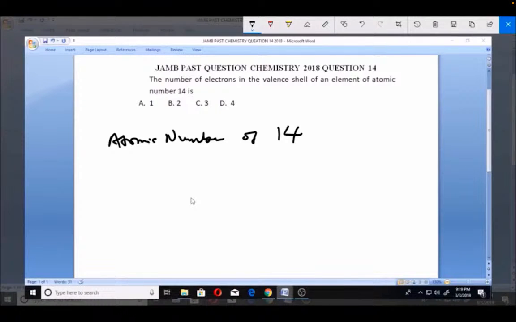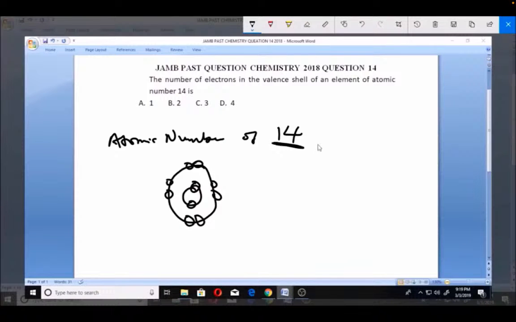in order for you to find the number of valence shell electrons. So you have to have the first electron shell, which normally has just 2 electrons. Then subsequent electron shells have 8. So you now have to count out the atomic number. So you have 14. So you have 1, 2. This one should have 8, so you have 1, 2, 3, 4, 5, 6, 7, 8. 8 has completed it.